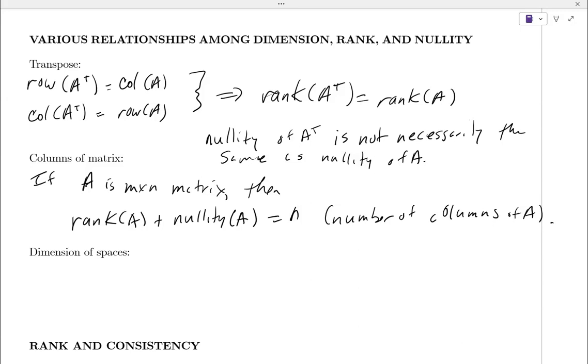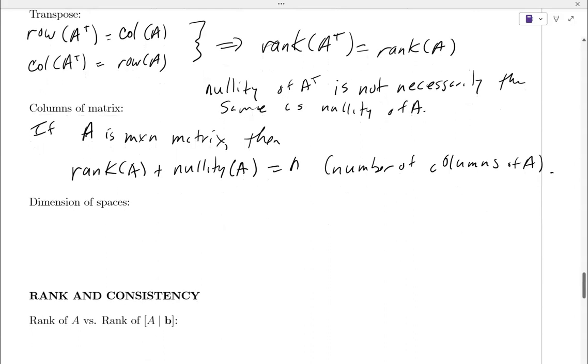All right. And then this last part here is literally what we were just talking about. For the dimensions of your spaces, we know that the rank of A, I think we've already written this down, but I'll write it down again, is the dimension of your row space, which is also the dimension of your column space, just so you have it all in the same spot.